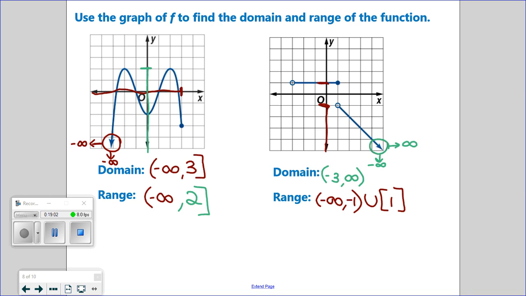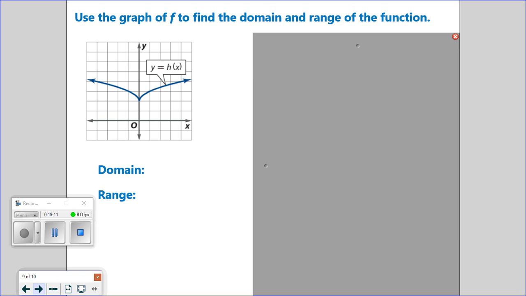We'll try one more piecewise before we get out of here, okay? Any questions on that one? This one's pretty straightforward. I'll let you guys try this one on your own before we do our last one, which is one more piecewise.